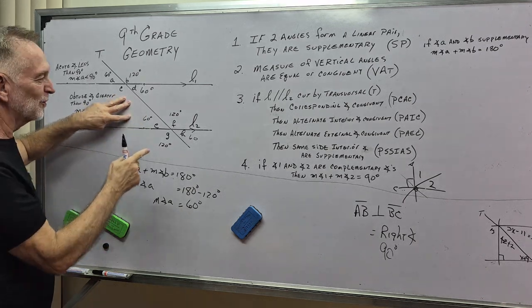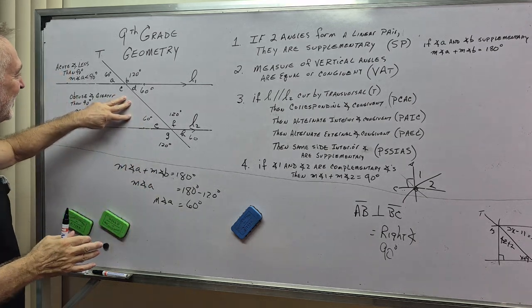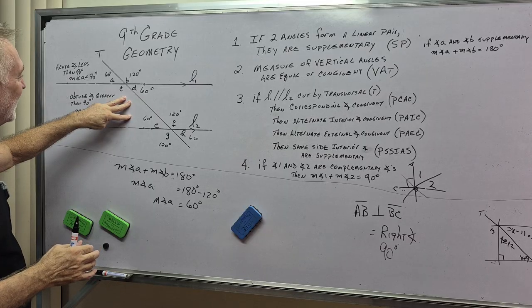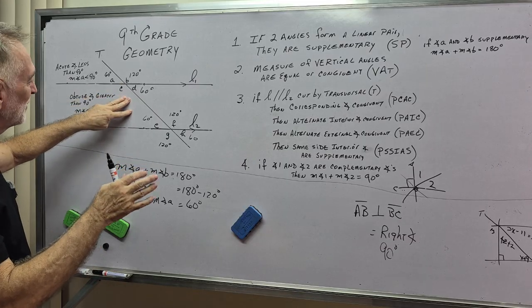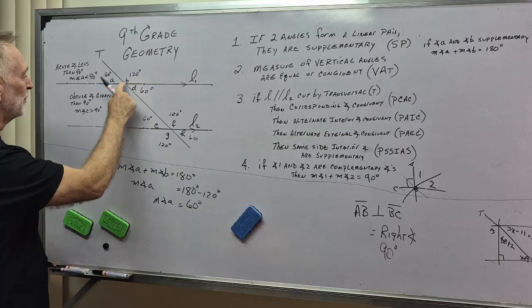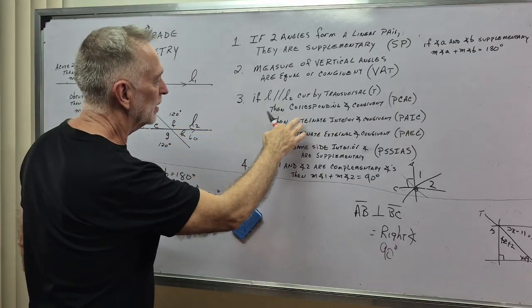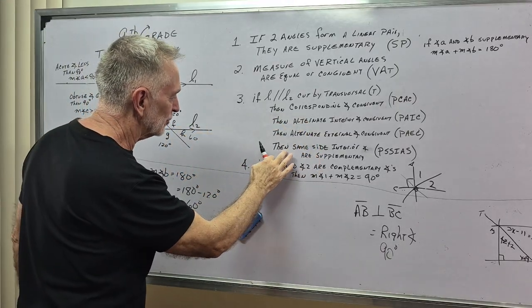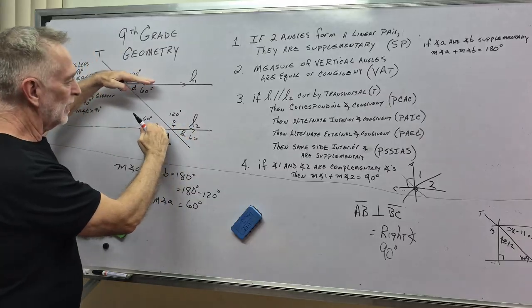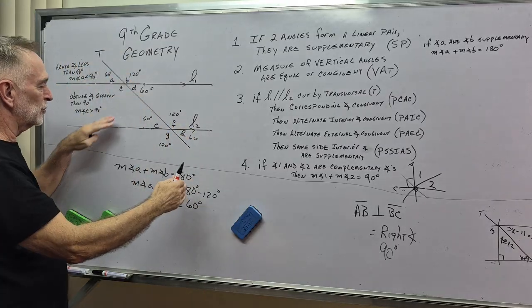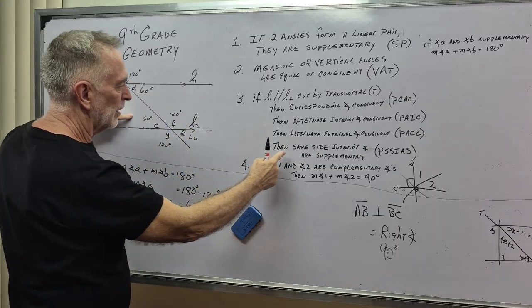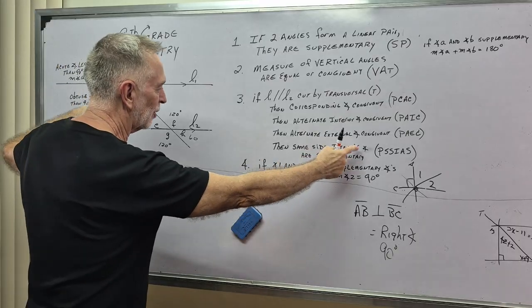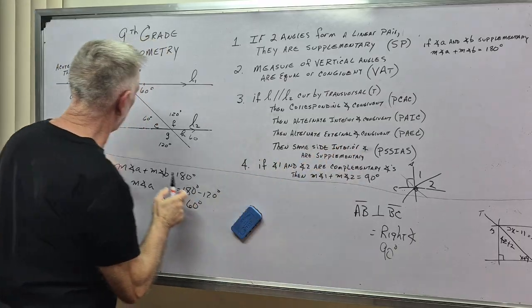Let's use a different rule. We know it's going to be 120, but we want to use the same side rule. I've got parallel lines. I have a transversal that's coming through. The same side internal angles are supplementary.